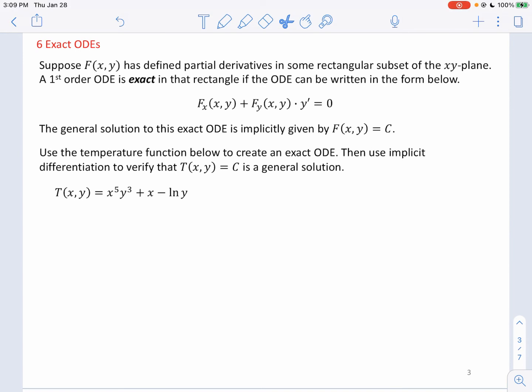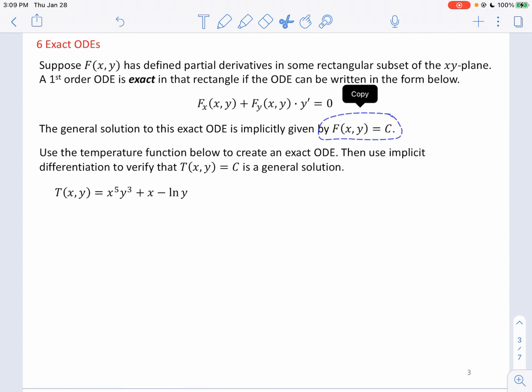And it turns out that the general solution to this exact ordinary differential equation is implicitly given by this expression: the capital F function set equal to c, where c is the arbitrary constant that makes this a general solution, and this will give us our solutions to the differential equation.